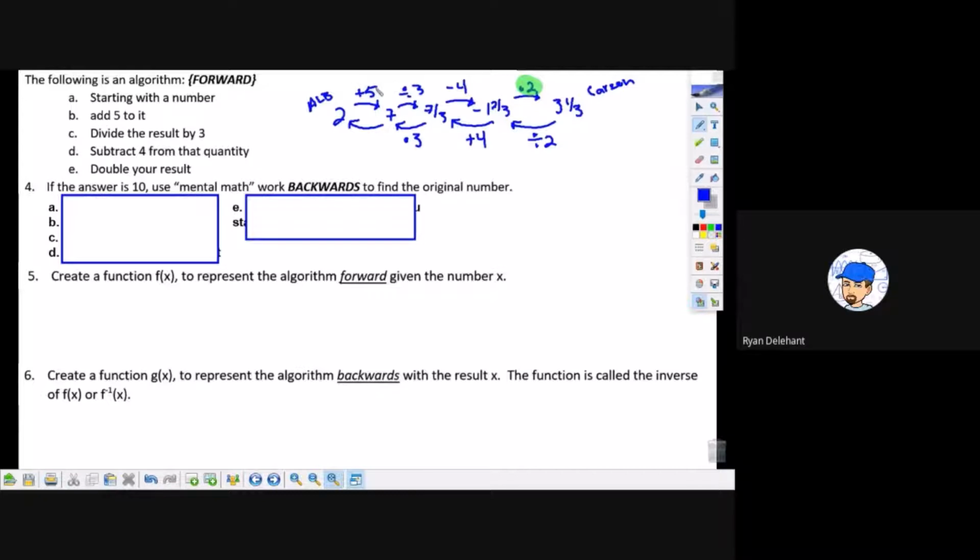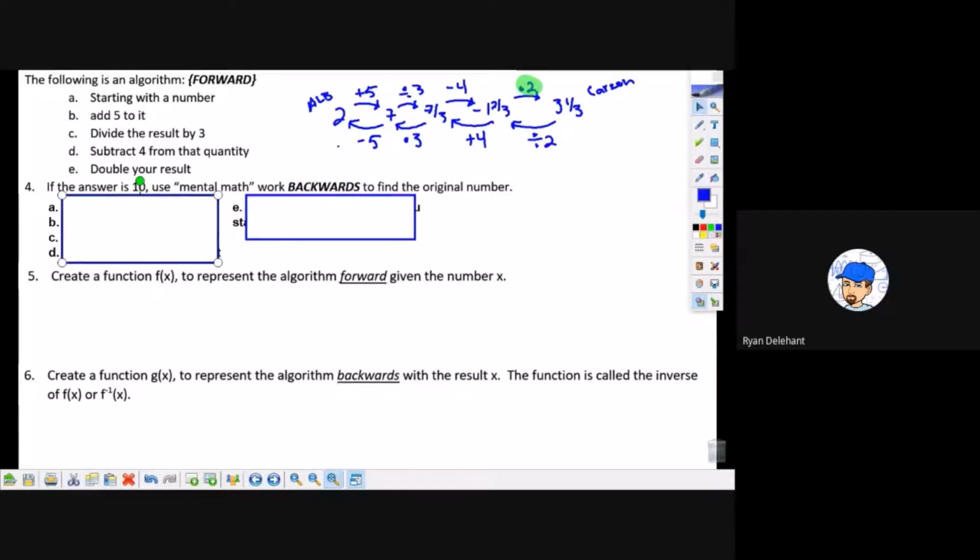You getting the idea? If you took this and followed these steps, you would actually get an answer of 2. You would undo all these steps. It's still opposite order, opposite operation. I like this diagram. It's called an arrow diagram, as you list what you do forward and what you do back.